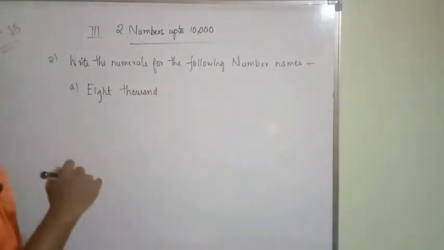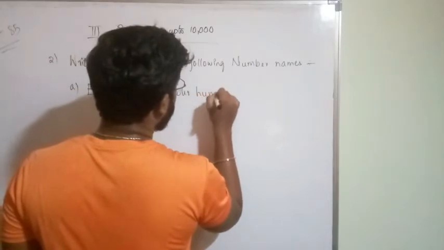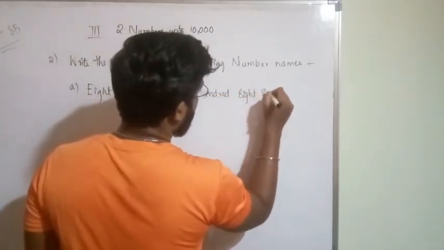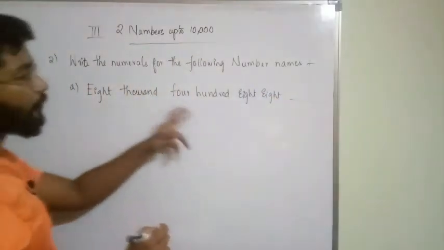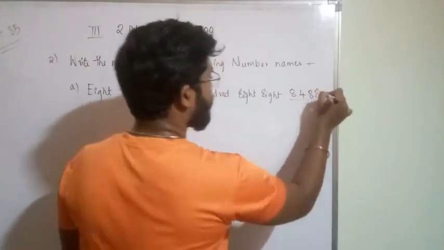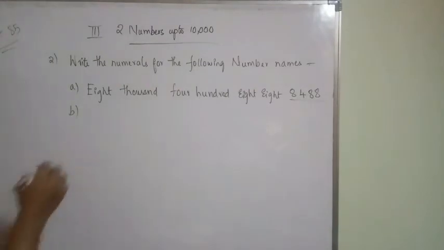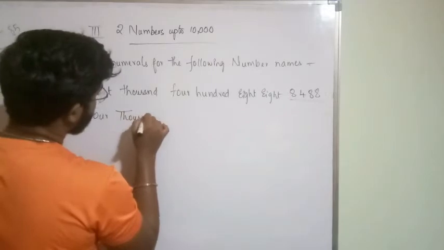Okay, next one, 4044. So what is he telling? 4044. Okay, 4 is in the thousands place, 4 is in the tens place, and this is in the ones place. In the hundreds place it is 0.